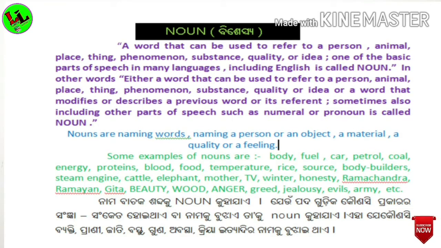In other words, either a word that can be used to refer to a person, animal, place, thing, phenomena, substance, quality, or idea, or a word that modifies or describes a previous word or its referent, sometimes also including other parts of speech such as numeral or pronoun, is called noun. Nouns are naming words, that is, naming a person or an object, a material, a quality, or a thing.